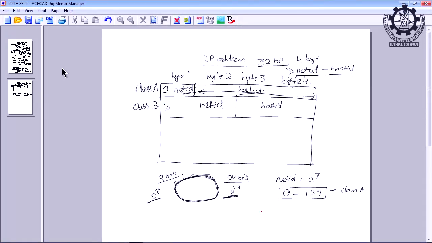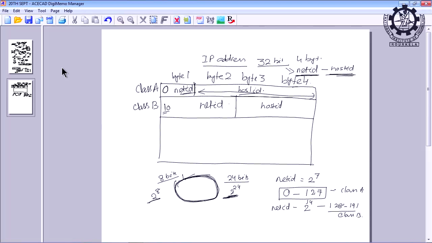So, your net ID for class B says any network between 2 to the power 14 number of networks, because 2 bits we have reserved for identifying this as a class B. So, an IP address that starts with 128 to 191 can be considered as the class B address.